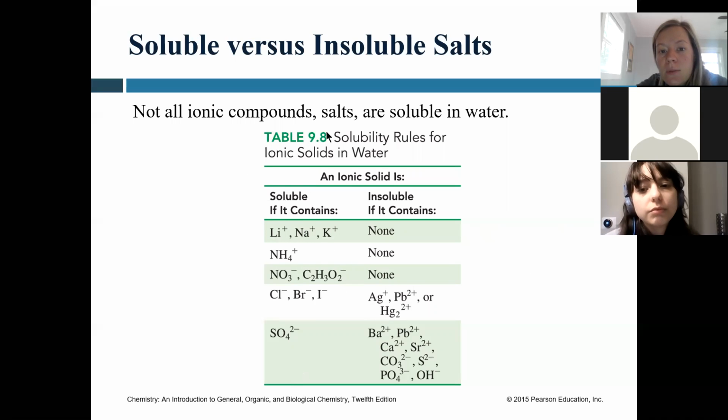Looking at this one here, table 9.8, it's saying that these things in general are soluble unless they contain one of these exceptions. There are no exceptions for these first ones. These are always soluble. But chlorine, bromine, and iodine, for the most part, are soluble unless they're paired with these three. Sulfate is usually soluble unless it's paired with one of these things.